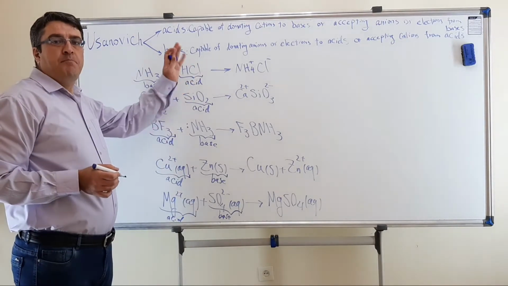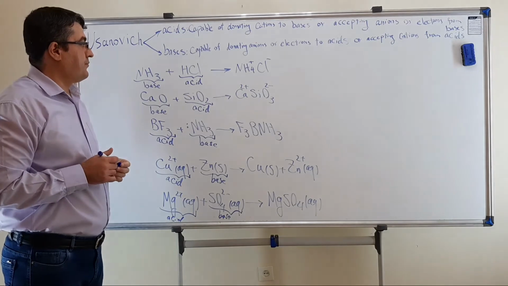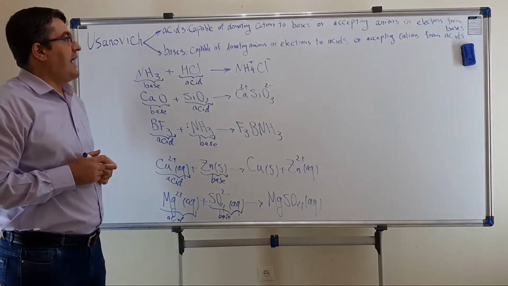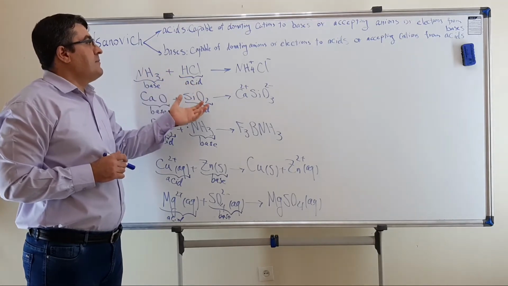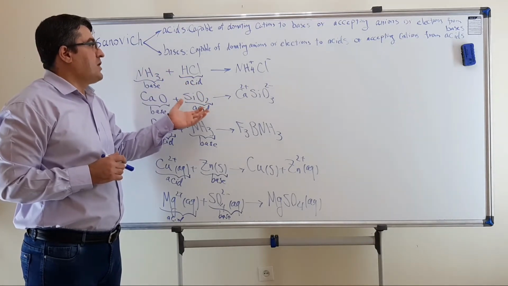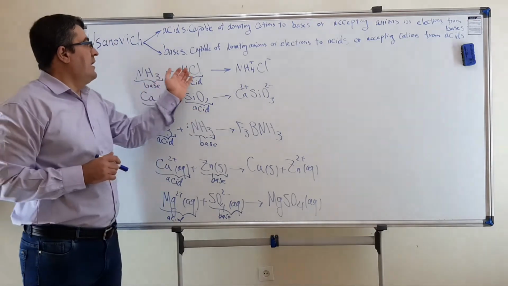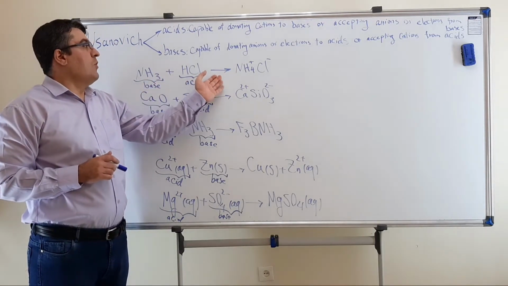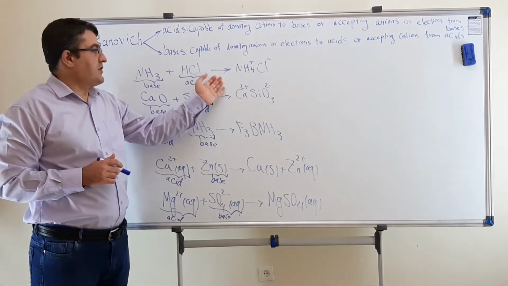We can consider many examples like these chemical reactions. And we see that Usanovich acid-base theory includes many different types of chemical reactions. For example, this reaction is also a Bronsted-Lowry acid-base reaction.